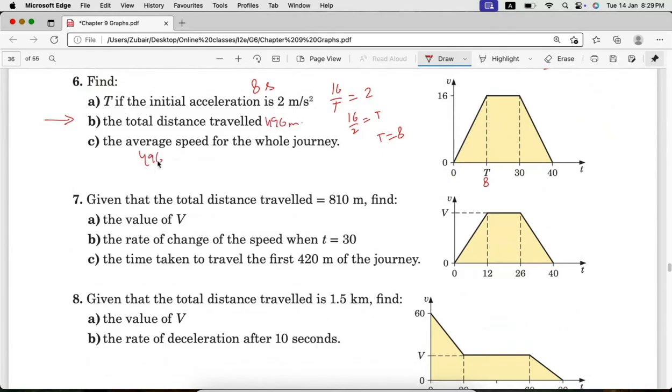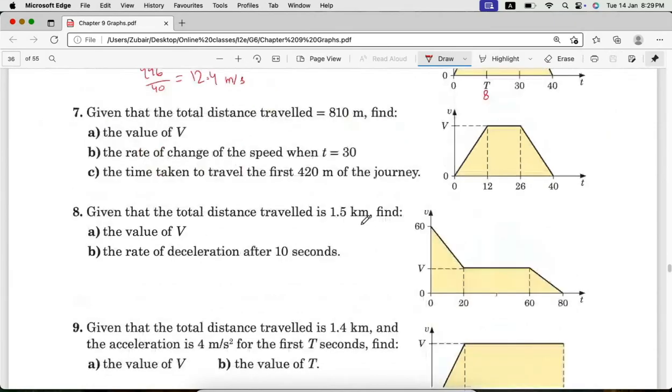So total distance is 496 and total time is 40. And we're getting 12.4 meters per second. Average speed. Try question number 7.